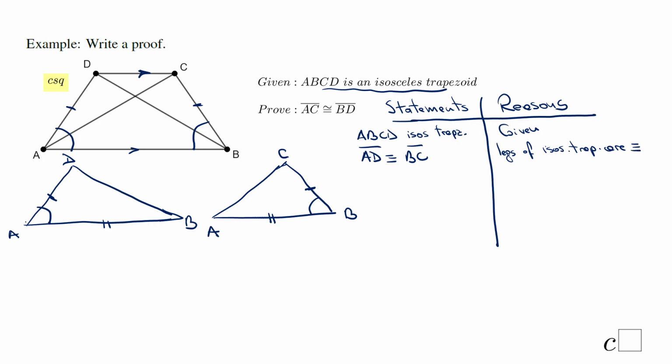Also, because this one is an isosceles trapezoid, the base angles are congruent. But the only thing, I will have to use 3 letters. Angle DAB congruent with angle CBA.